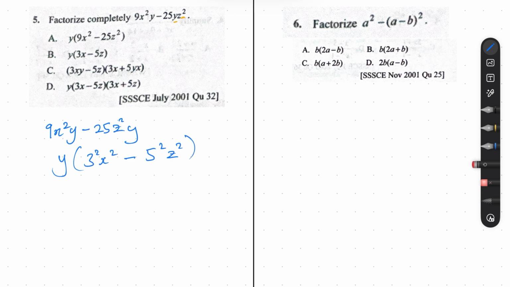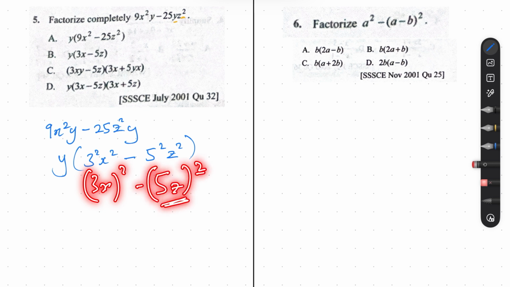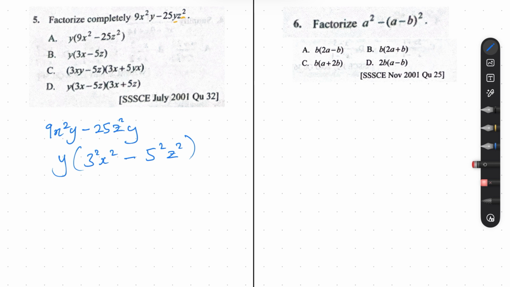Now we can clearly see that this is a square and this is also a square. So we can just write 3x, then square outside, and 5z, then square outside, which is the same thing, because if we expand this it becomes 5 squared and z squared, and here we have 3 squared x squared if we expand. So it's the same thing.